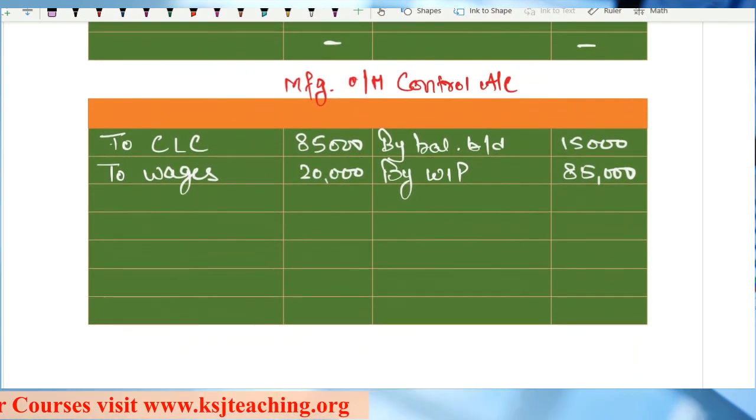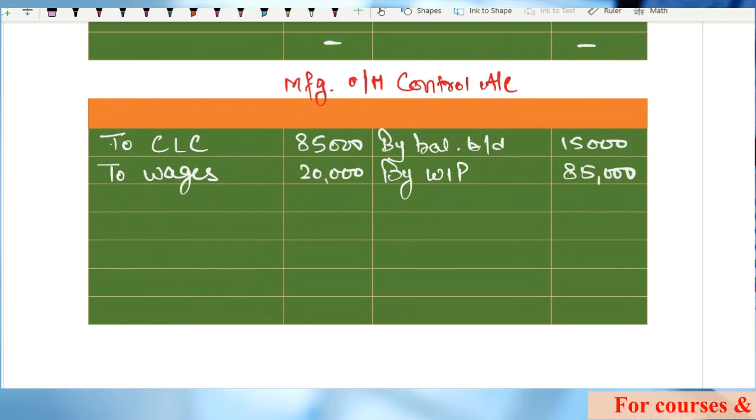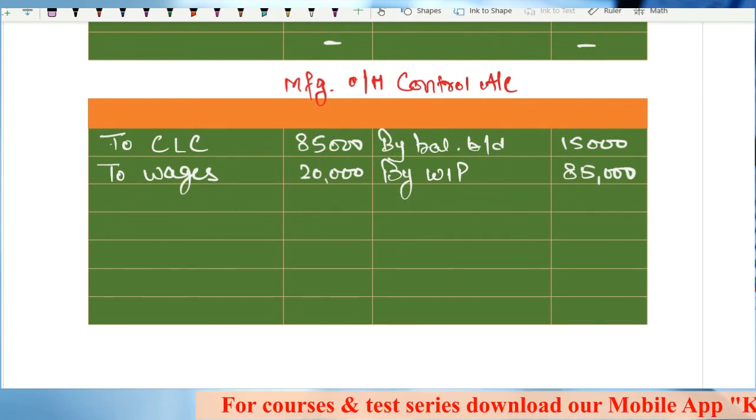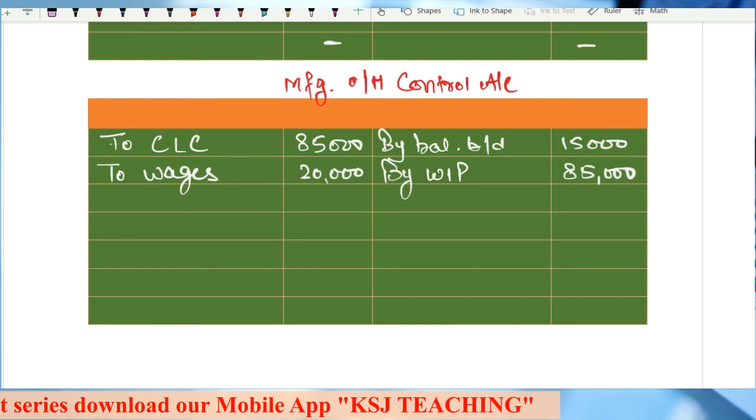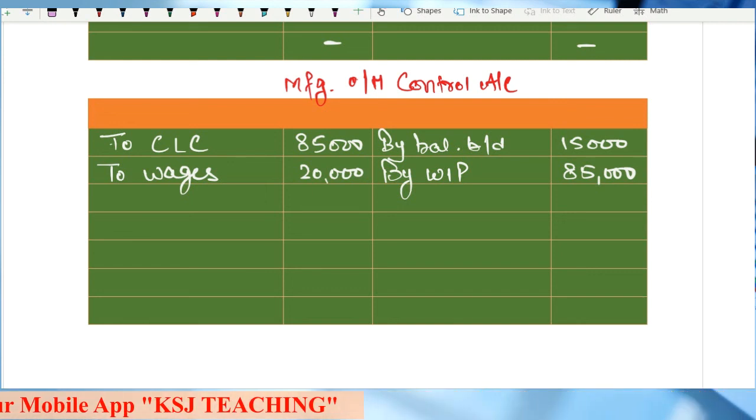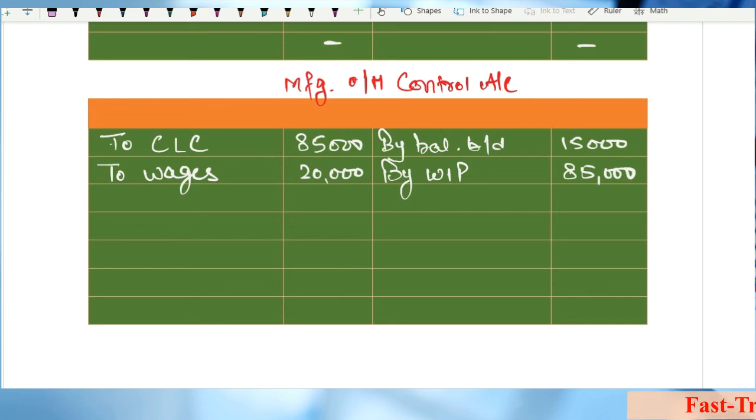Now the manufacturing overheads control account. Now this is going to be very interesting, sir. If you look at it, there is an under or over absorption of 5,000 rupees. How to record that? See here, the actual overheads incurred is 85 plus 20,000, and here you have 15 plus 85.